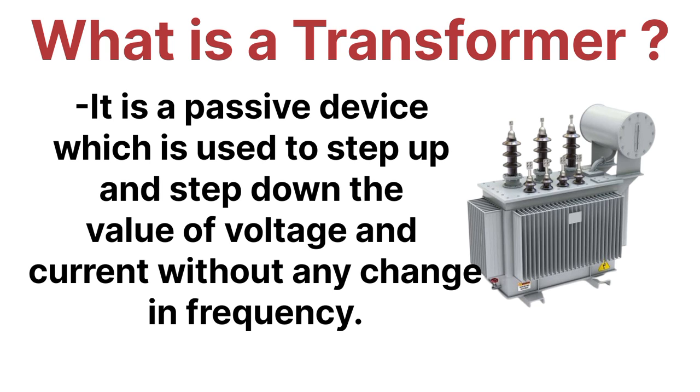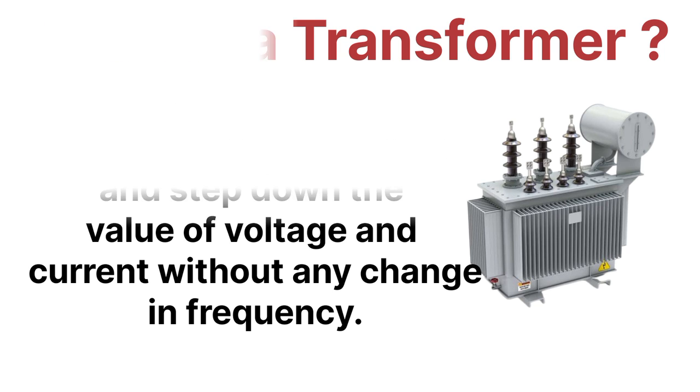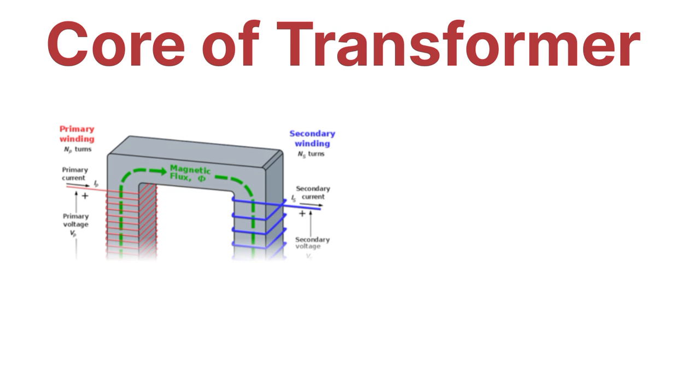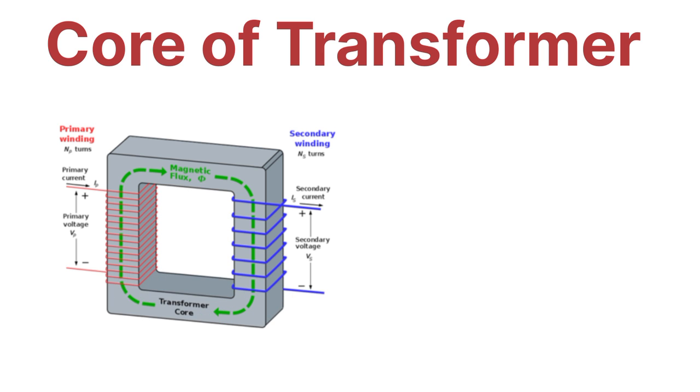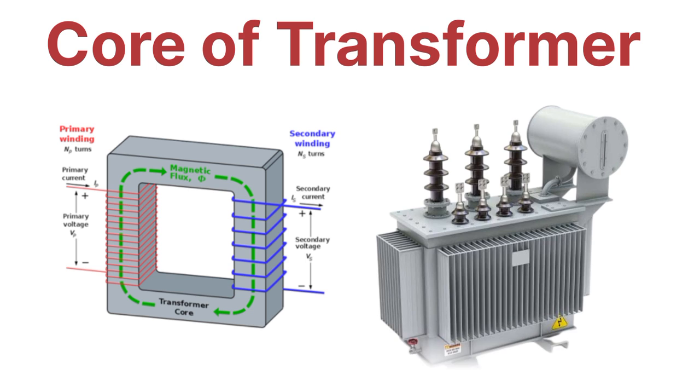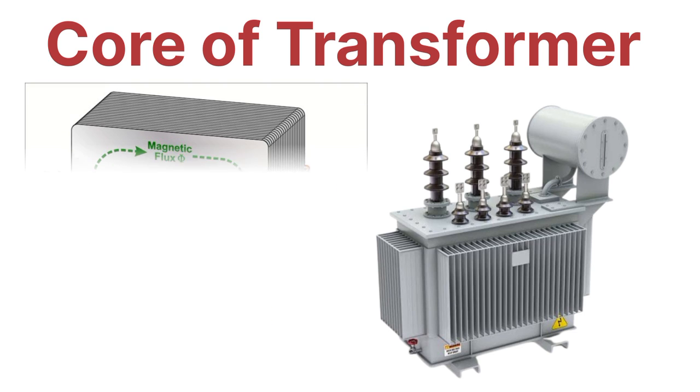So now let's move to the next one, that is the core of a transformer. The main part of a transformer is the core. The core of the transformer is placed at the center of the transformer. Here the electricity flows through the core by placing the primary winding, which creates the magnetic flux.